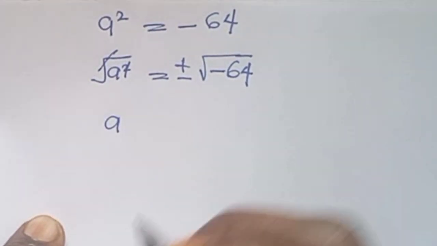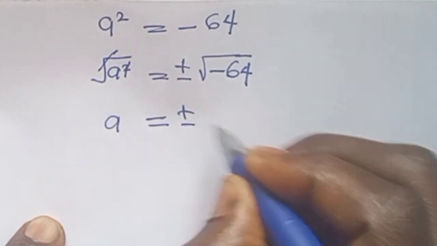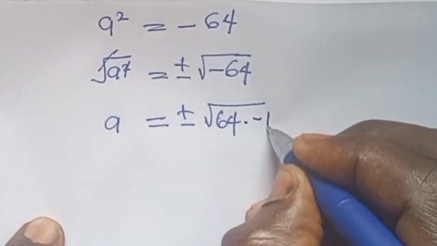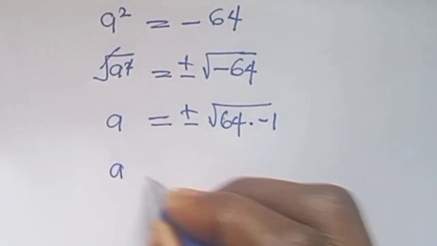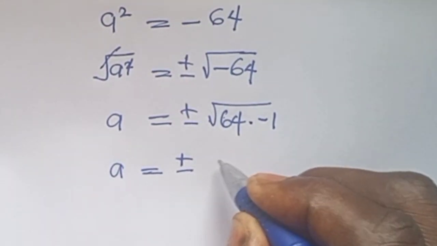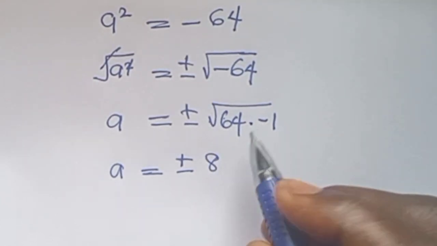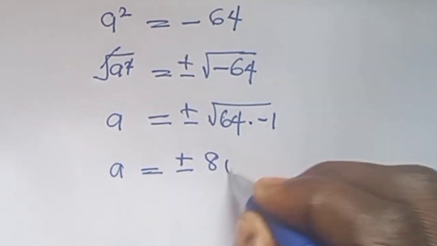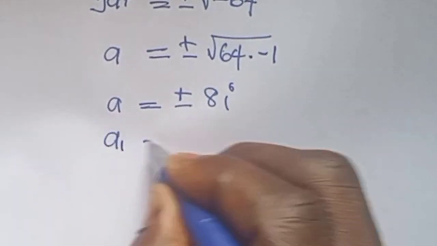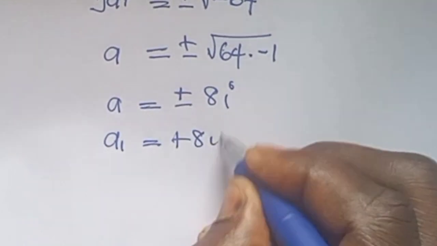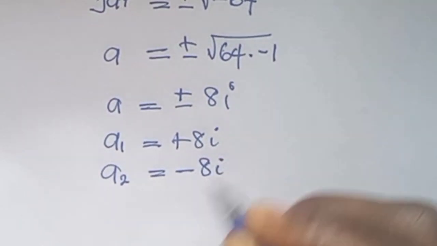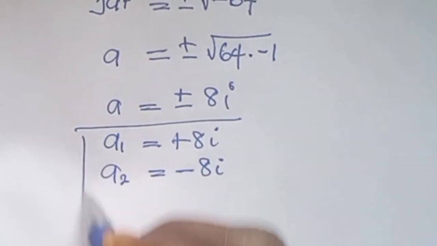What will be left will be a, and this is equals to plus or minus square root of 64 times minus 1. And the next line becomes a is equals to plus or minus the square root of 64 is 8, and square root of minus 1 is i. Therefore, a1 will be equals to plus 8i, and a2 will be equals to minus 8i. And these are values for a.